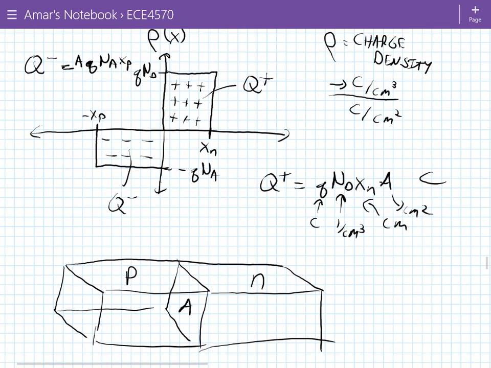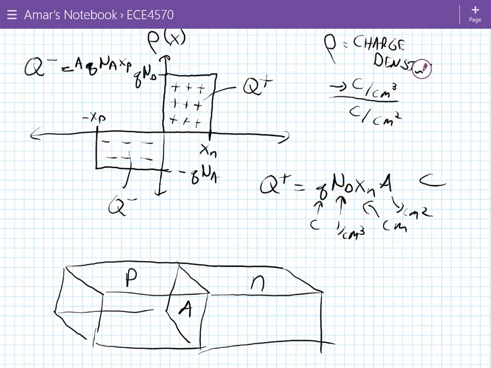And getting to the charge equality, what we're saying is that the Q plus has to equal Q minus. The number of positive charges has to equal the number of negative charges. So just do the math real quick here.